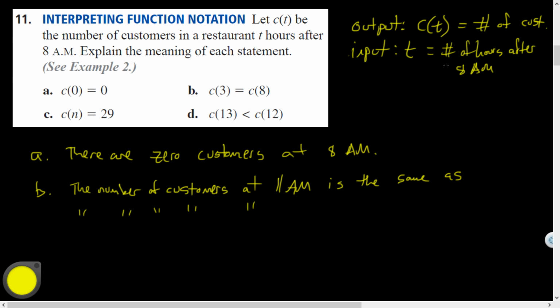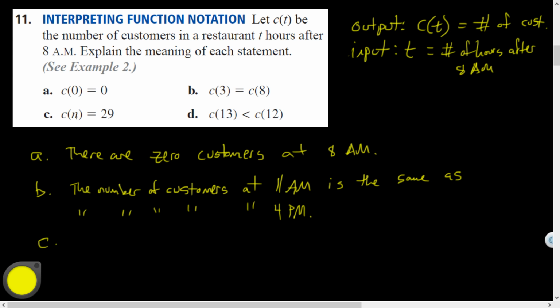Or I could think about 8 plus 4 would put me at noon, and then another 4 would put me at 4 p.m. All right, 1600 is 4 p.m. I don't know if you guys have ever done the military time thing, but there you go.